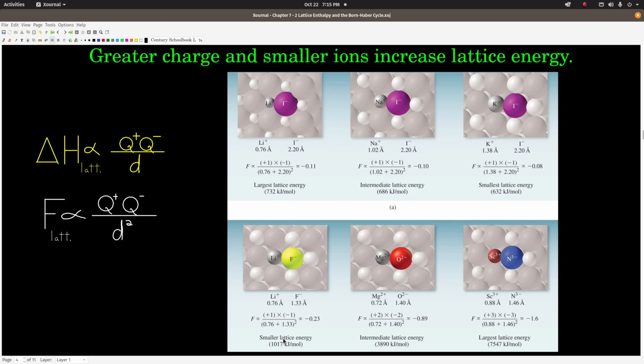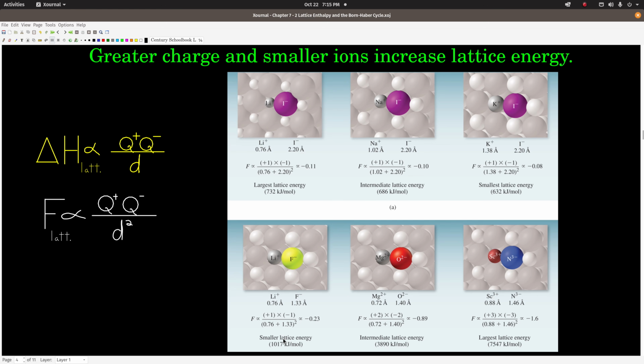Let's say the distance between the two ions is getting smaller, but the charges are getting smaller. It ends up that the charges have a much larger effect on the lattice enthalpy than the distance between the two ions. So if those two are going in opposite directions, remember, smaller distance increases the lattice enthalpy, larger charge increases the lattice enthalpy.